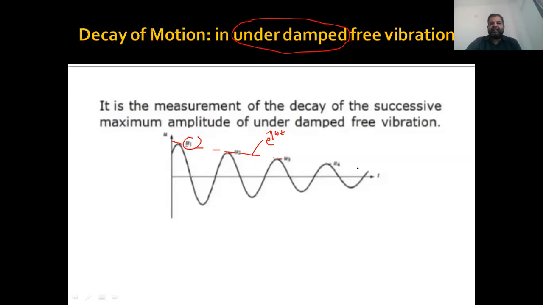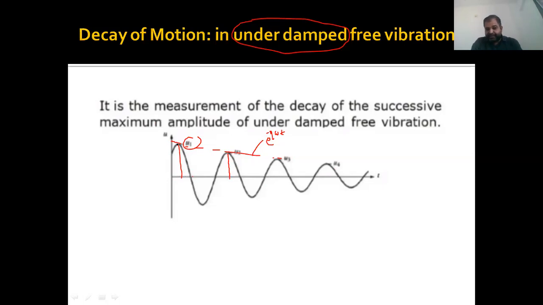Now if I want to find out the decay, what do you mean by the decay, how has it been measured? It is the measurement of the decay of the successive maximum amplitudes of underdamped free vibration. You can see this is my amplitude of the first, and this is my successive amplitude, the second one.